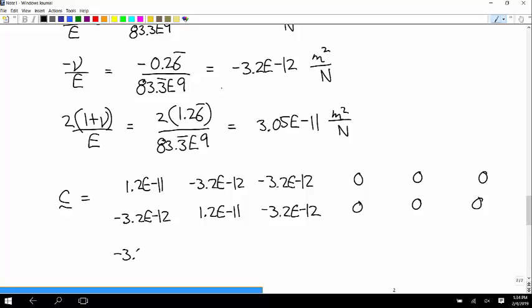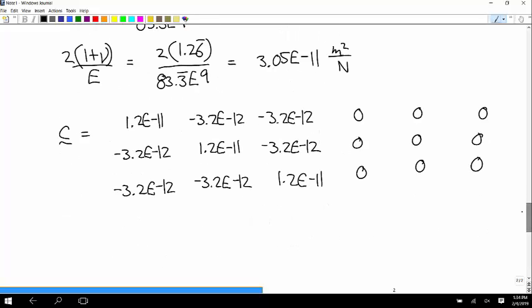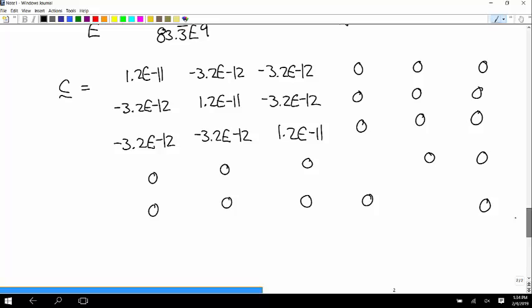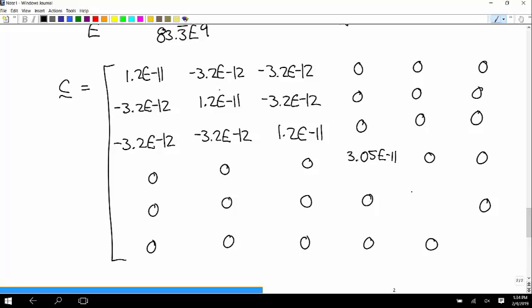Next row: negative 3.2 times 10 to the minus 12, negative 3.2 times 10 to the minus 12, 1.2 times 10 to the minus 11, and 3 zeros. And now for these, we have mostly zeros. There's just one single element that keeps moving along the diagonal that's non-zero, and that has a value of 3.05 times 10 to the minus 11.